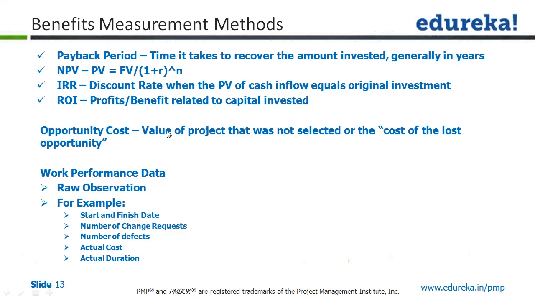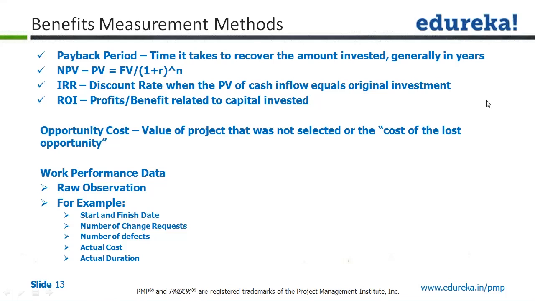So that's the return which is going to be available from a project. Once I have maybe 2 or 3 projects in my hand and I need to pick which project would be most beneficial from the organization's perspective, this is where we make use of the respective benefit measurement methods.